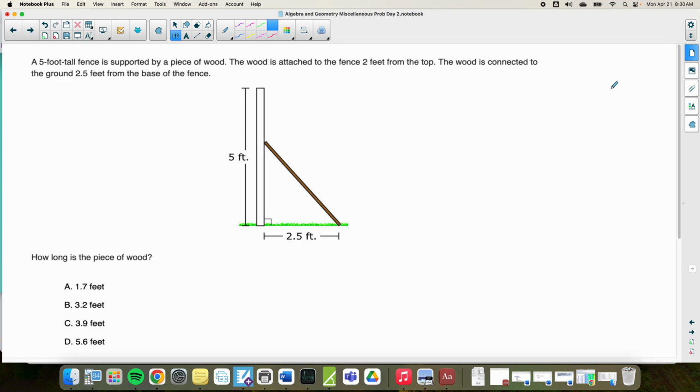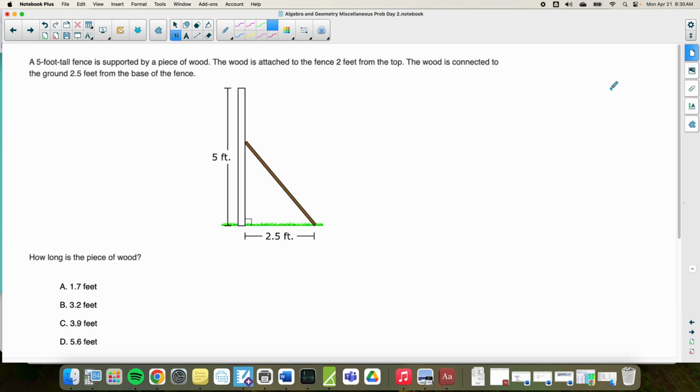Okay. So here it says we have a 5-foot tall fence supported by a piece of wood. The wood is attached to the fence 2 feet from the top. So what that means is the distance from here to here is 2 feet. What then would the rest of that distance be? 3 feet, okay?